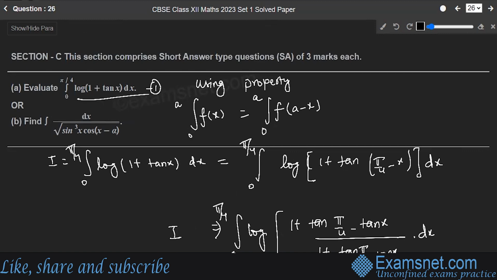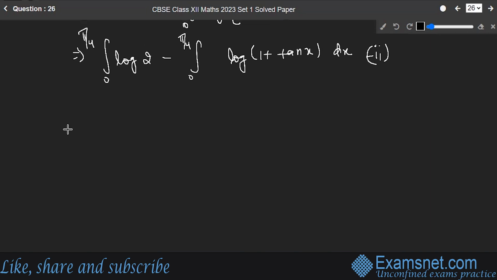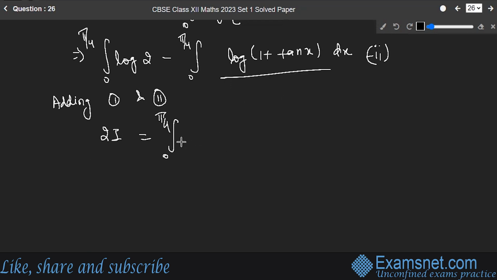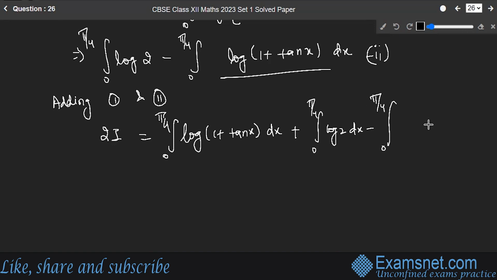Okay, so I'm adding 1 and 2. So you have 2I is equal to integral 0 to pi by 4 log 1 plus tangent x dx plus integral 0 to pi by 4 log 2 dx minus integral 0 to pi by 4 log 1 plus tangent of x dx.